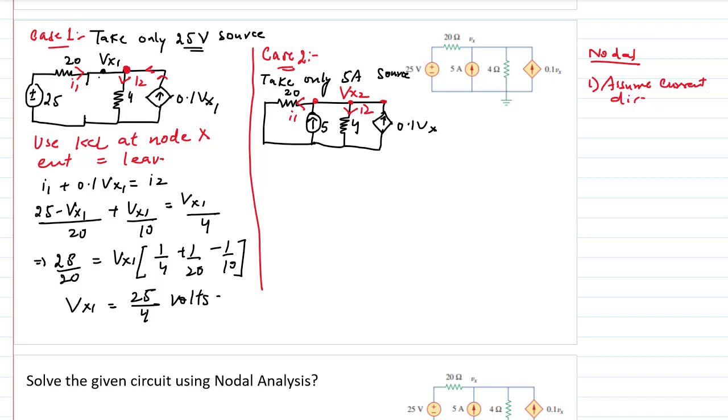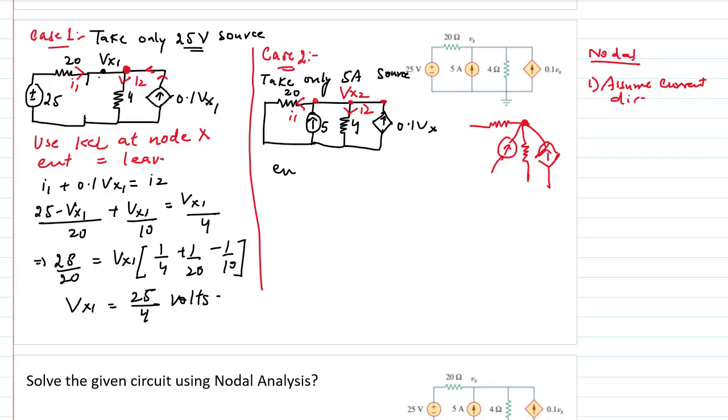Now if you see here, this is a single node. To make this a bit easy for you, there is this resistor, then this 5 ampere, and on the same node we have the 4 also, and the 0.1 Vx also. So a single equation is required over here.